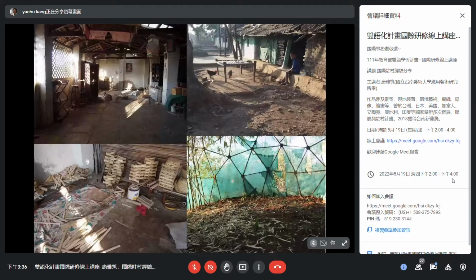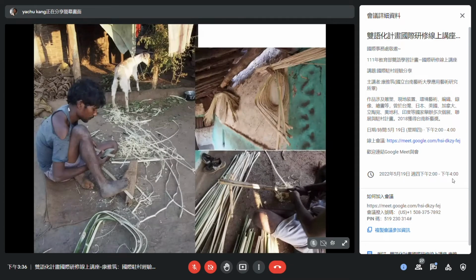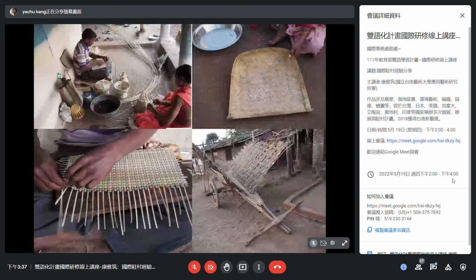And this is some photos from the village. You can see people sitting outside of their house and using tools to slice the bamboo, and then you can use it for weaving baskets and make it into daily life objects. They all have some function.